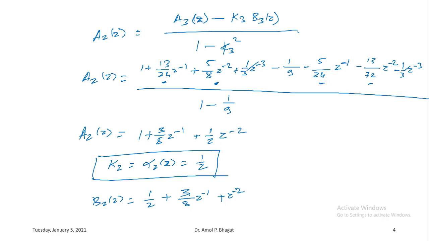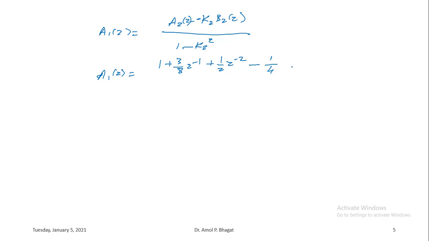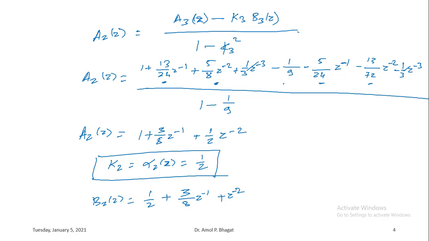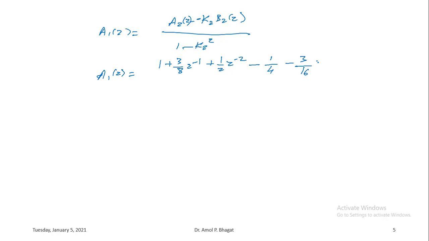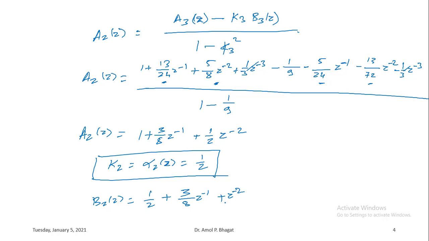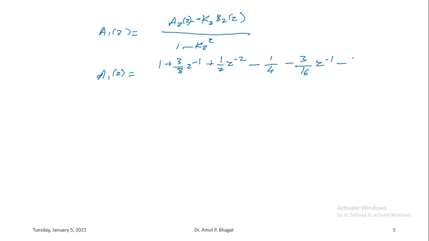Then minus 3 by 16 z inverse, and finally minus 1 by 2 z to the power minus 2. Okay, I have multiplied the k2 with this equation. Minus k2 whole upon 1 minus 1 by 4 will be there.